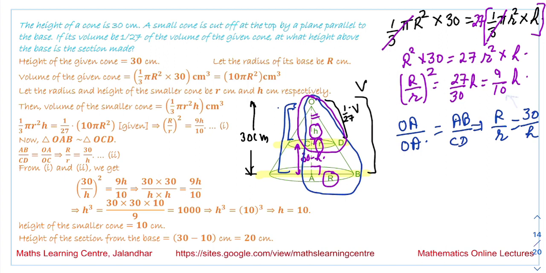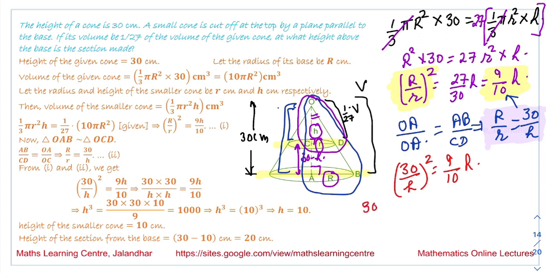Now we have two equations. One is capital R over small r equal to 30 over h. The second equation is capital R over small r square equal to 9 by 10 times h. So if we substitute these values over here, we will get 30 by h square equal to 9 by 10 times h.